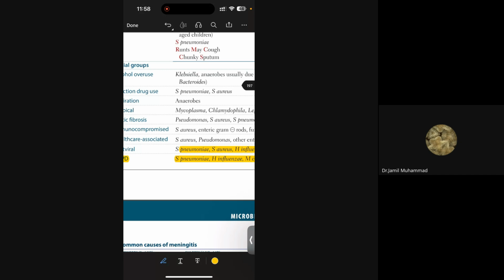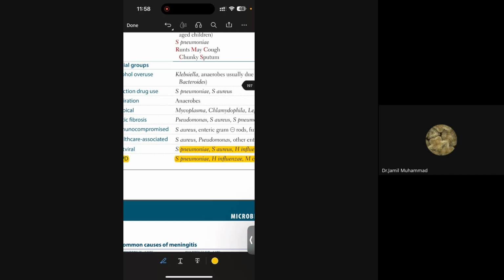Okay, there are viruses as well involved. The names of the viruses are rhinovirus, influenza, and respiratory syncytial virus, RSV. These are the 3 viruses as well. Because 70% of the exacerbations of COPD are due to some infection.